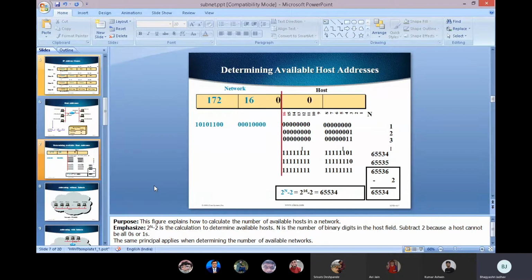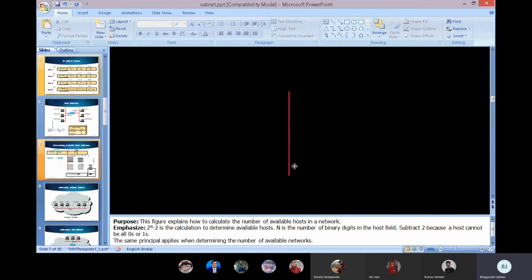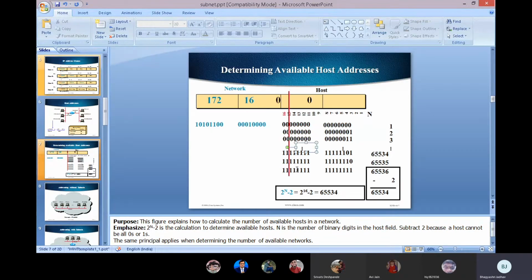Which number? 65,534. How does it come? See, 2 raised to n. 2 raised to n, where n means 16. How will 16 come? If you count this one, just a minute, I'll highlight this part. These ones, see, these ones are 16 ones: 1, 2, 3, 4, 5, 6, 7, 8, 9, 10, 11, 12, 13, 14, 15, 16.